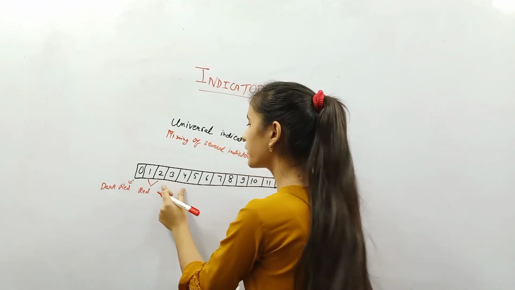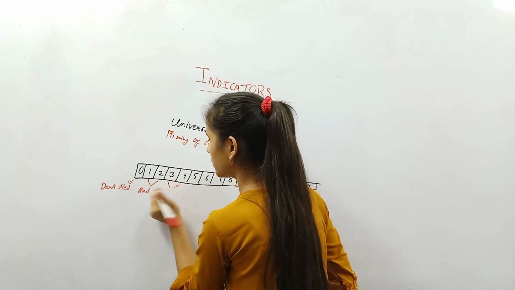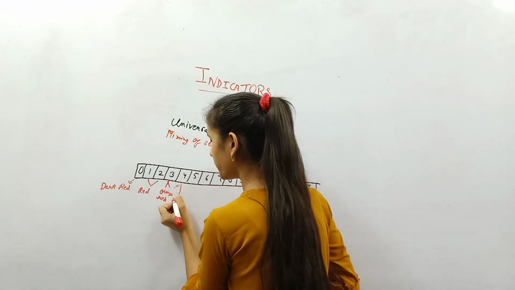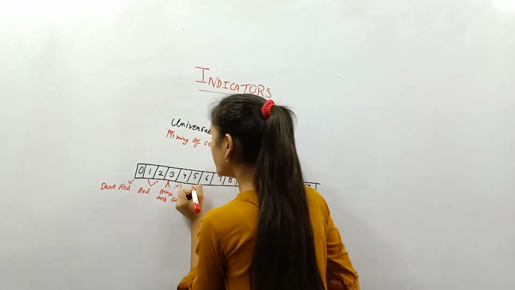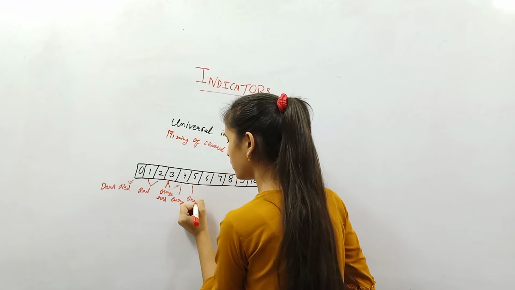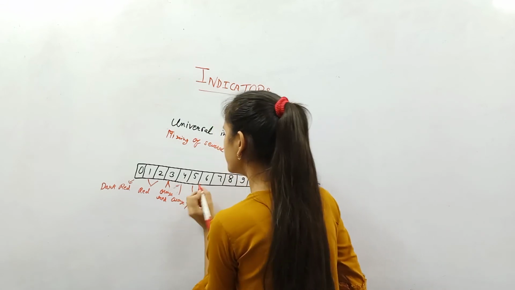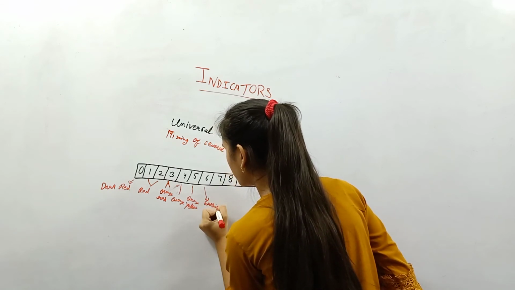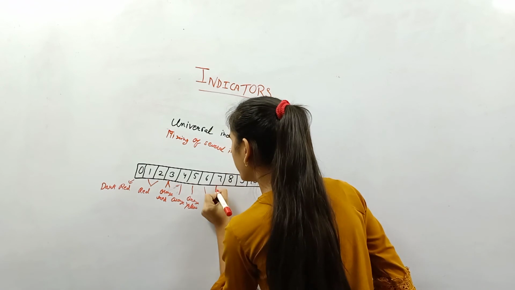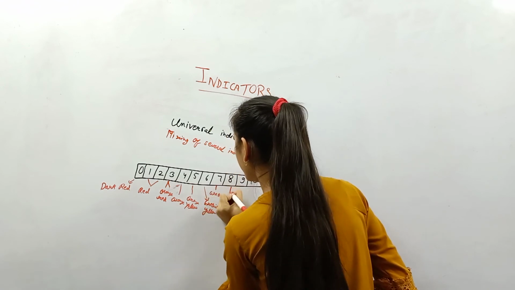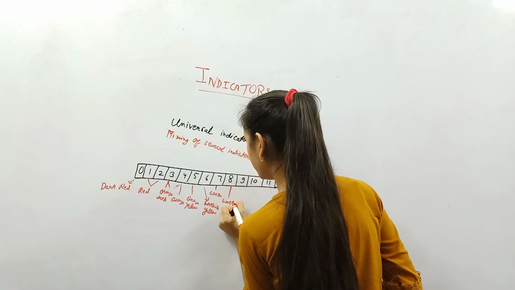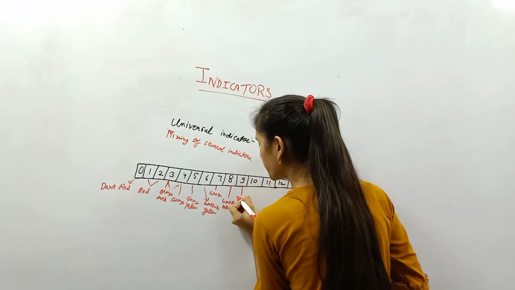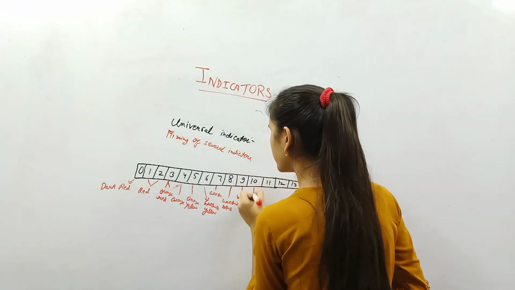The third is orange red. The fourth is completely orange. The fifth is orange yellow. The sixth is greenish yellow. The seventh is green. The eighth is greenish blue. The ninth is blue. The 10th is navy blue.